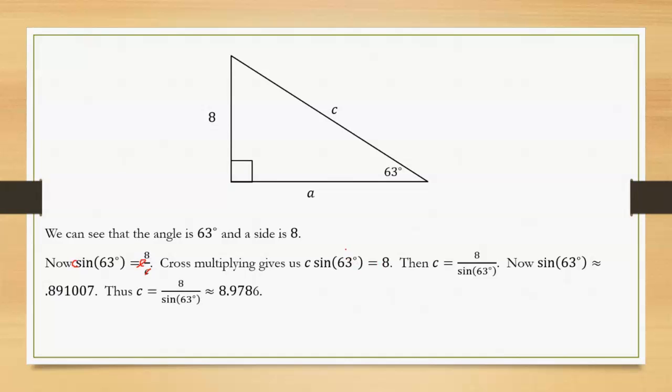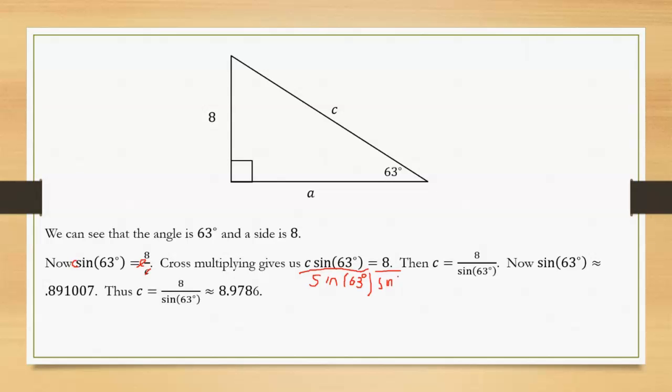Not quite there yet, because we want C. C is unknown. That's what we're solving for. So what do we do? We're going to divide by sine of 63 degrees. My handwriting's really bad now.